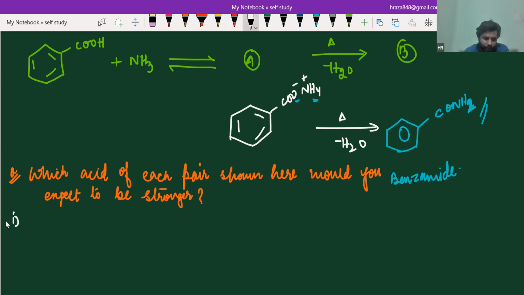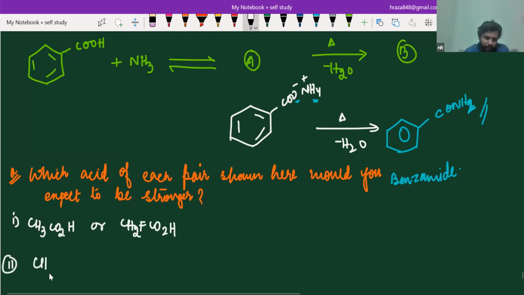The first you can see is CH3CO2H. The second one is CH2FCO2H, or here it is CH2ClCO2H.